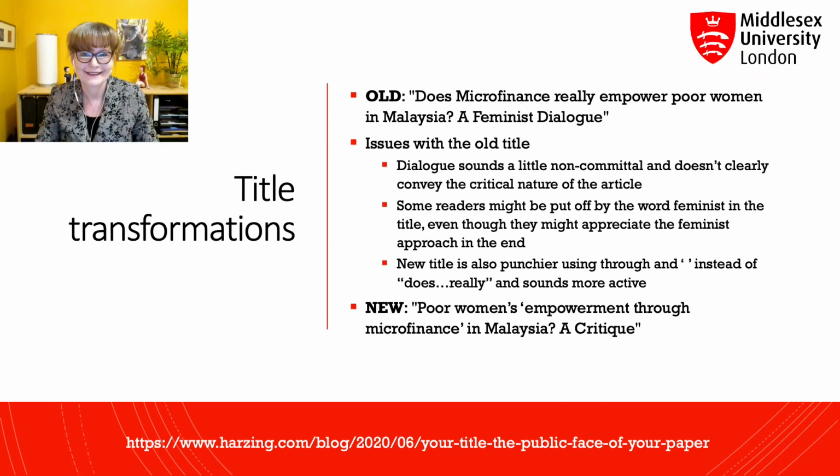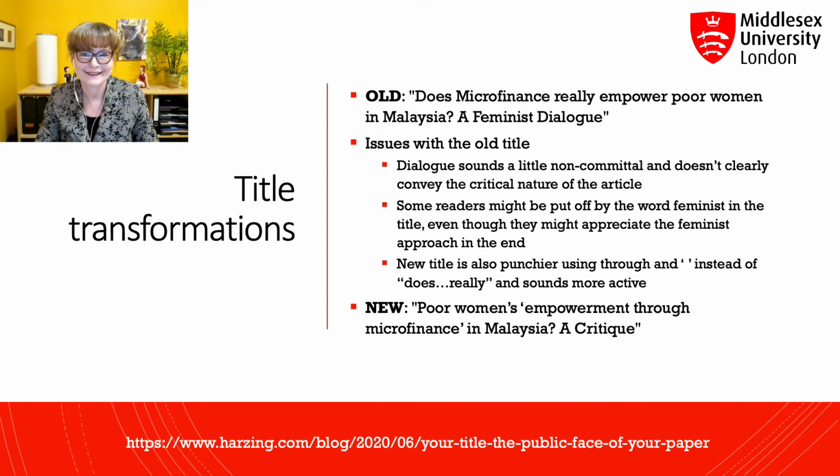In the next example, the original title is actually not too bad. It scans well, and I think it would have attracted quite a bit of an audience for the article. However, the author was a bit concerned that some readers might be put off by the word feminist in the title, even though after reading the article they might actually appreciate the feminist approach.